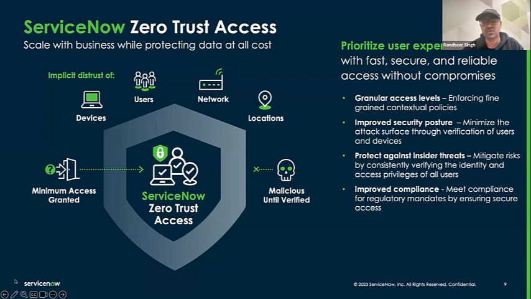But when the same user is at home, probably on vacation, trying to access the instance on their personal network, not connected to the VPN, they just get reduced employee roles. They can maybe work on their own tickets and provide updates on tickets they created, but they cannot see the data of other users. This is a new innovation that we are delivering as part of the Vancouver release. Next slide, please.